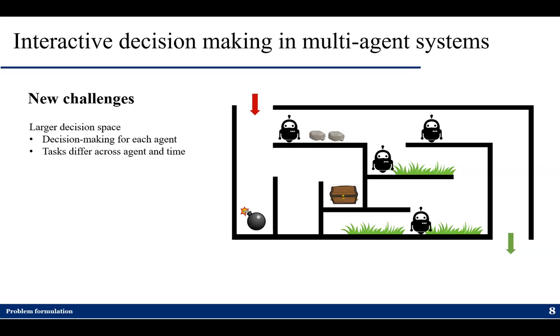We need to make a decision for every agent in this case, and also because each agent is in a different location or in a different environment, their task, which is captured by the unknown function f in the previous slide, can be different across agents, and can also be different over time.